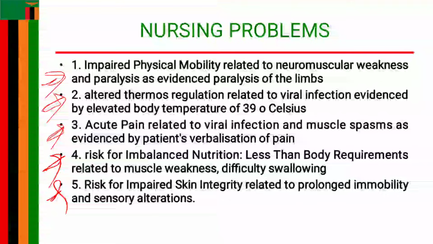The child who's paralyzed may have prominent bones exerting pressure on surfaces. Hence, we see that there may be a risk for impaired skin integrity. So in terms of a nursing care plan, these are the problems that we can use. In terms of answering this particular question on polio, this is how it can be attempted.